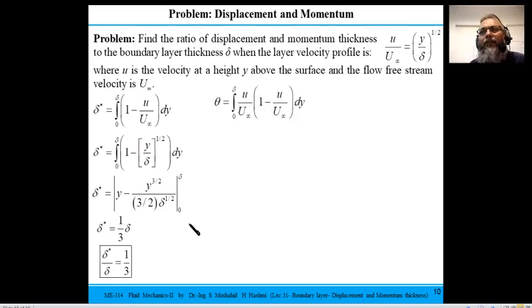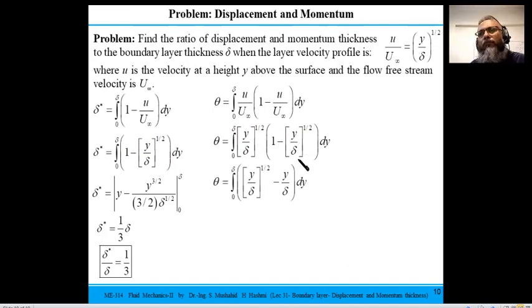Similarly, we can work out the momentum thickness if we have knowledge of the velocity profile. Here it is better that this is multiplied out, and so I've just substituted all the u over u infinity, and you have an integral in terms of delta.